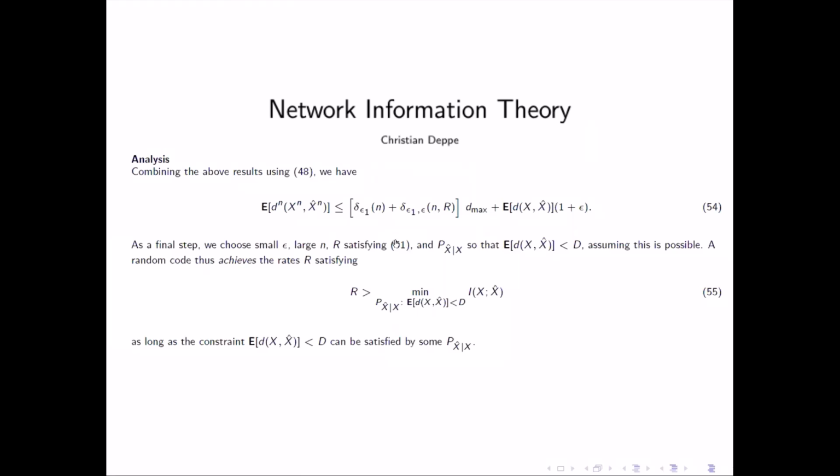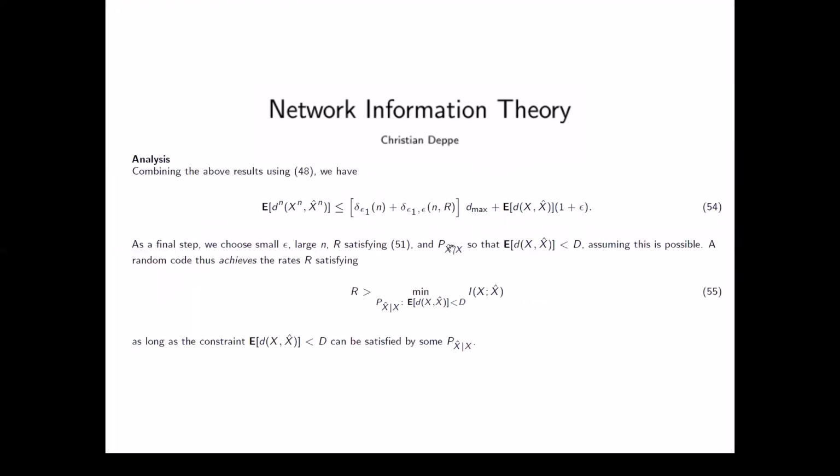Now we want to analyze the method we described before. Let's start with the result. We want to show that this method works if we choose a rate smaller than the minimum over the chosen artificial channels from x to x hat, under the condition that the expected value of the distortion is smaller than d, of the mutual information of x and x hat.